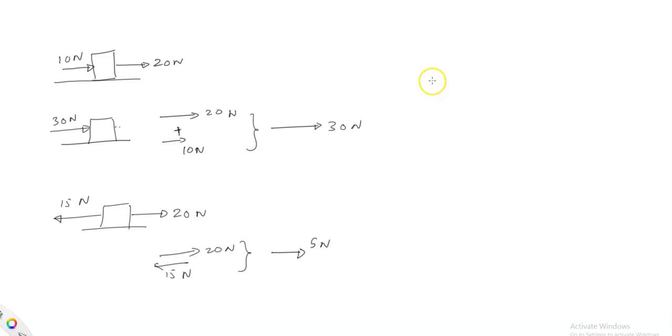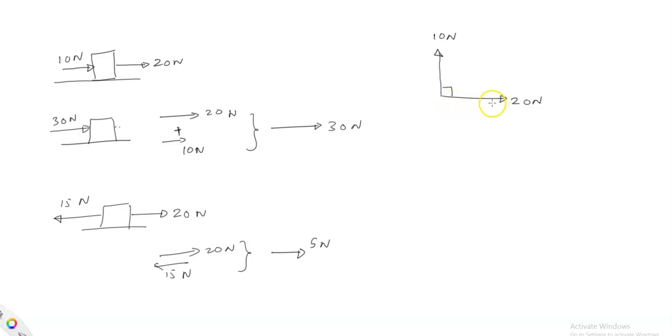We also talk about another example when the forces are perpendicular, when the vectors are perpendicular, something like this. So here we have 20 newtons, let's say this one is 10 newtons. Now there's 90 degrees between them, right?